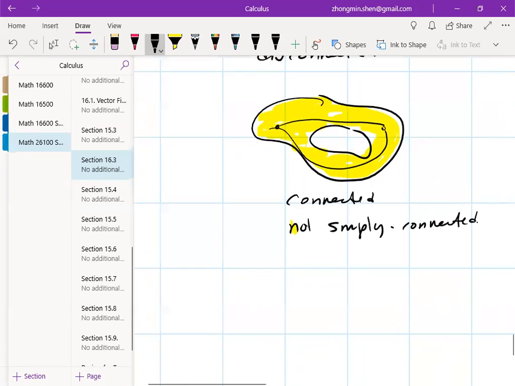Let's take a look at an example. F(x,y) equals (3 + 2xy, x² - 3y).